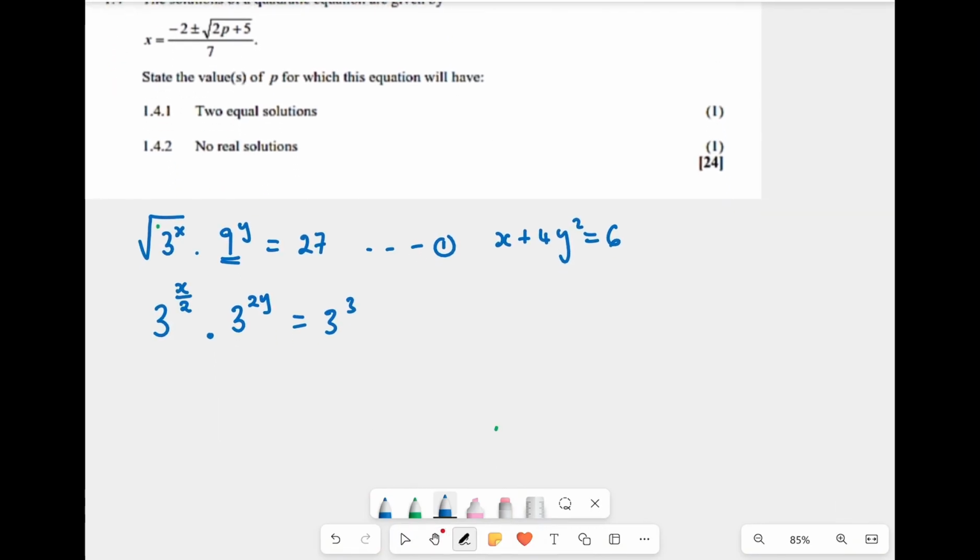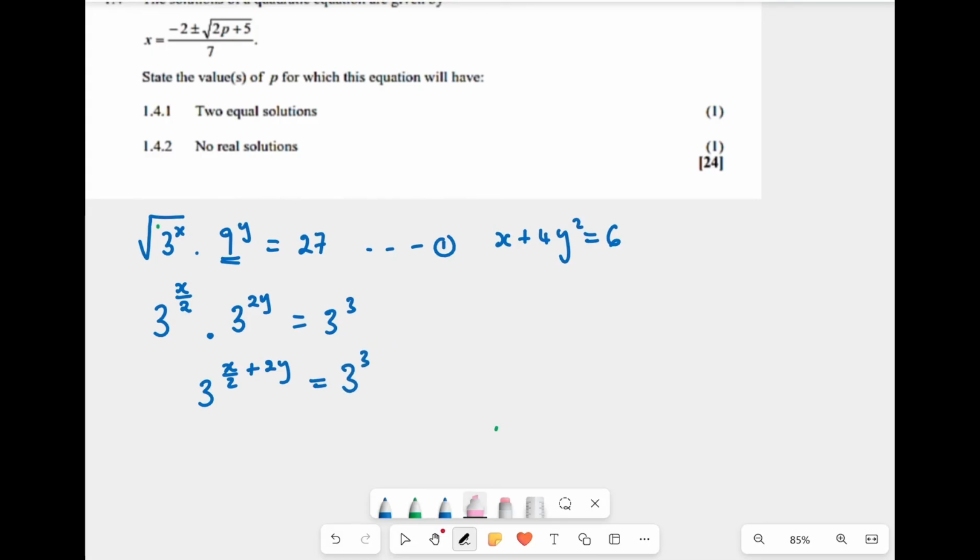Now, we can see here that the bases are the same, and we are multiplying. We can just keep one base and add the exponents. So we are going to have 3 to the exponent x over 2 plus 2y is equal to 3 to the exponent 3.